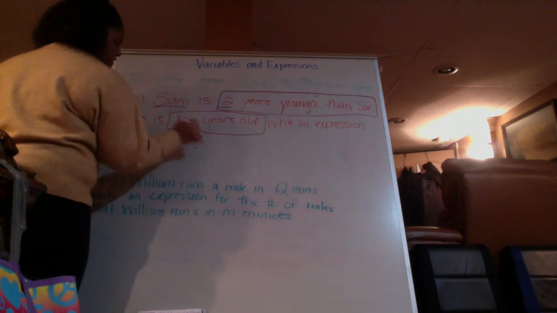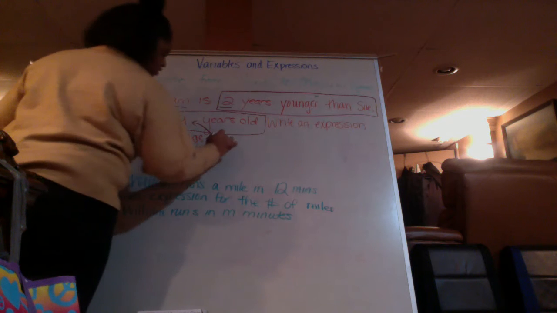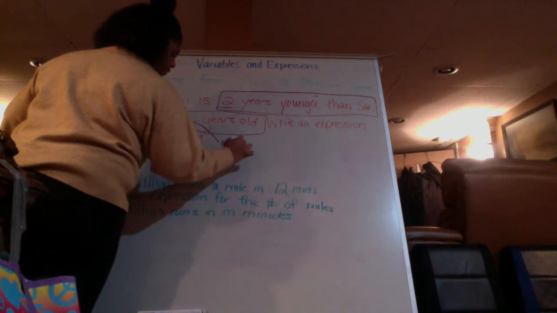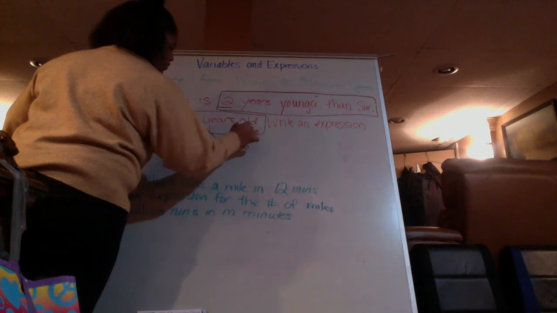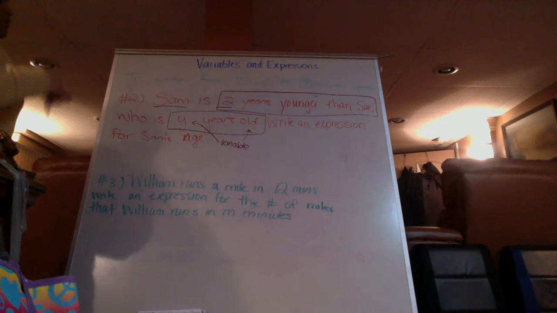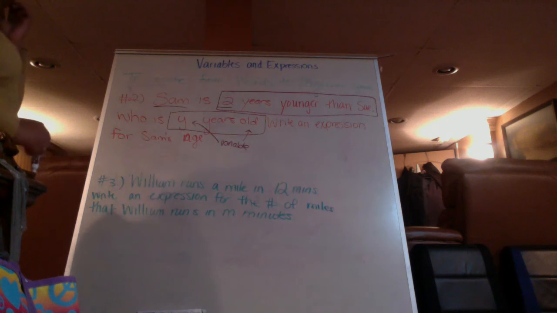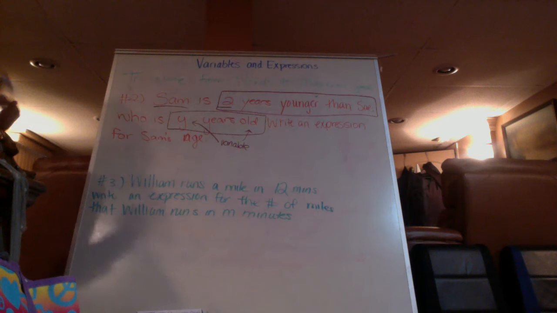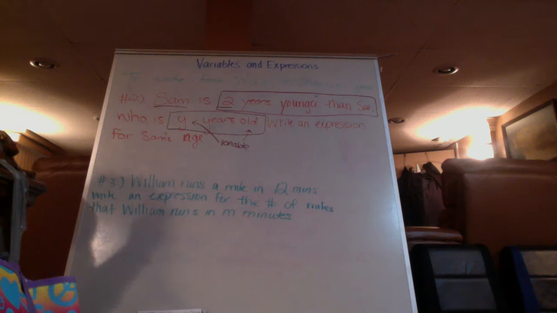And once again, this is telling you what your variable is going to be and what your variable stands for, what it represents. Write the expression for Sam's age. So, same thing. Sam is 2 years younger than Sue.